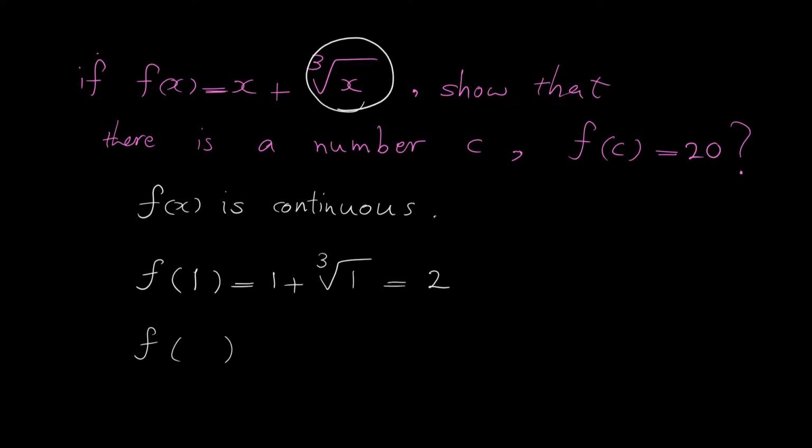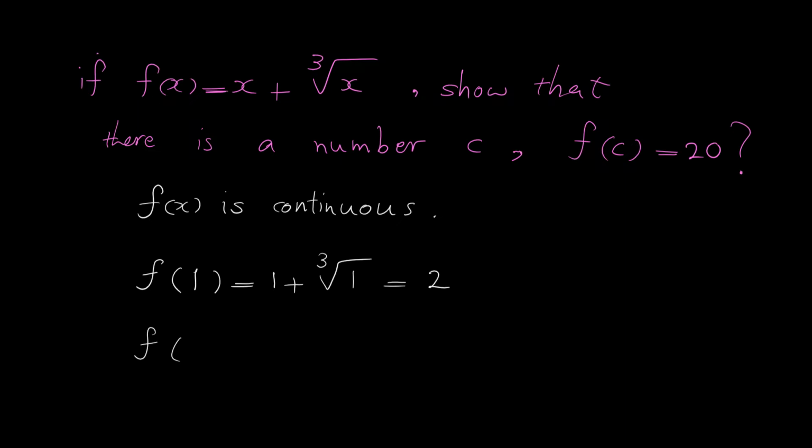For example, you can choose numbers like 1000 or 125, because the cube root of 125 is simply 5. But not necessarily do you have to choose numbers like this. You can choose any number for which the value of the function is greater than 20. But the better numbers to choose are something like 1000, 125, and so on.